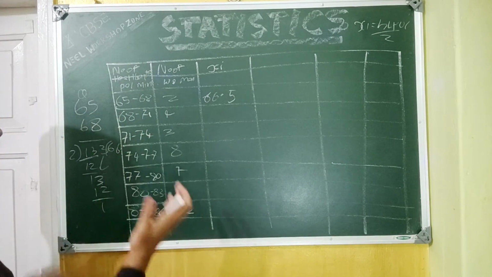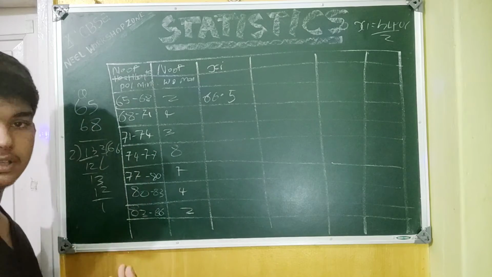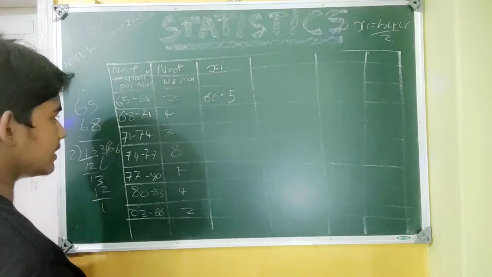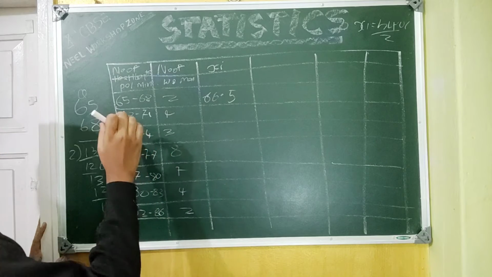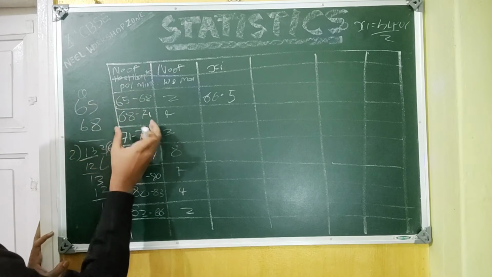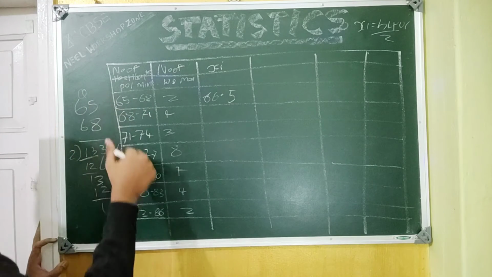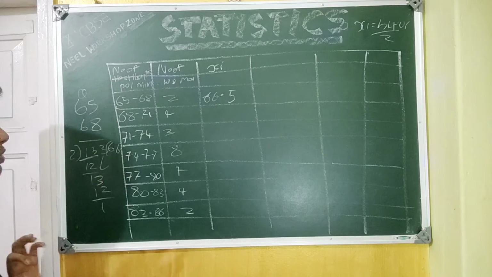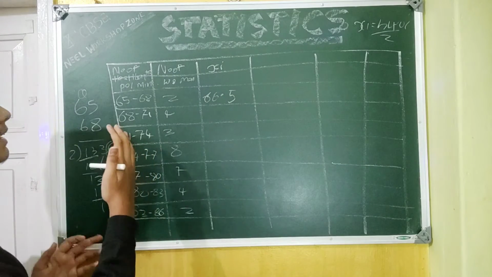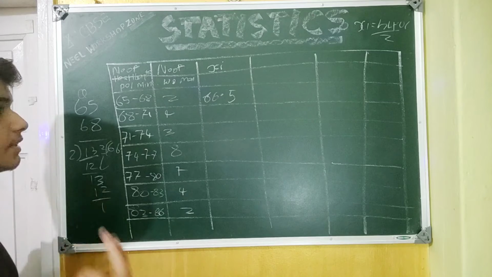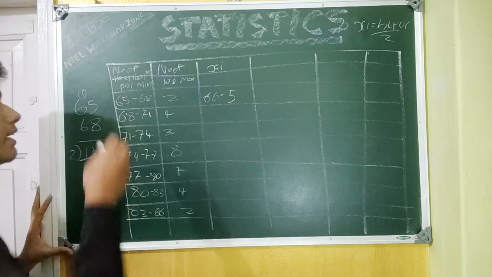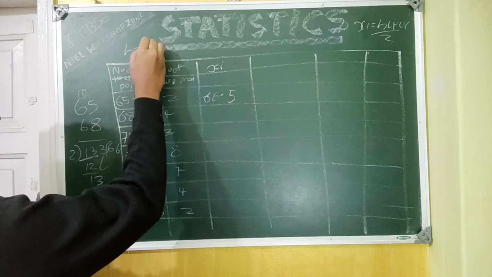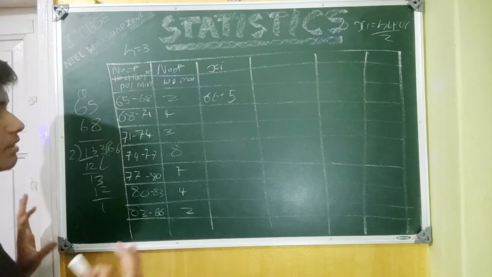So now let me tell you something else. Remember this highest limit and lowest limit? Here you have 65 and 68, and the gap between them is 3. So the gap between the limits is 3, and that 3 is something we also call h. So h is equal to 3.